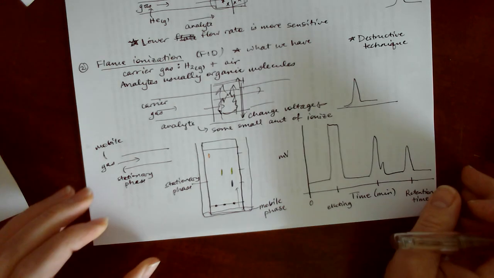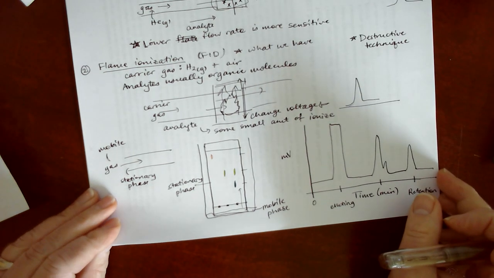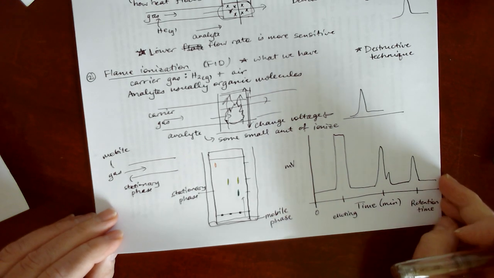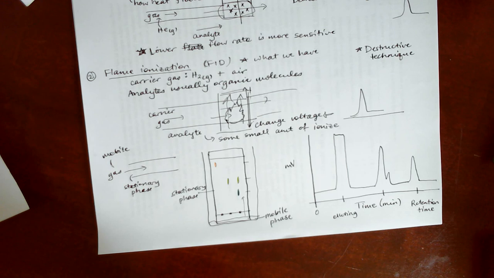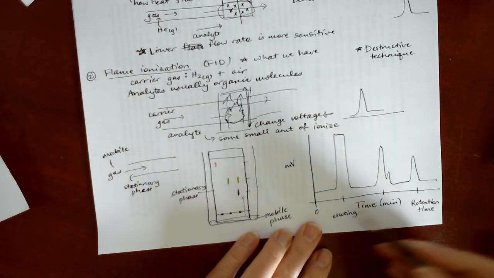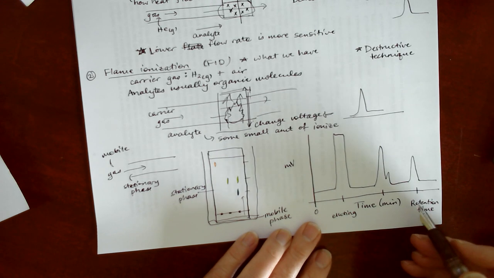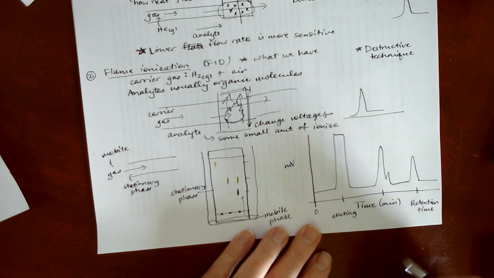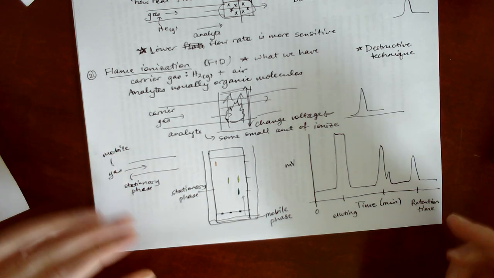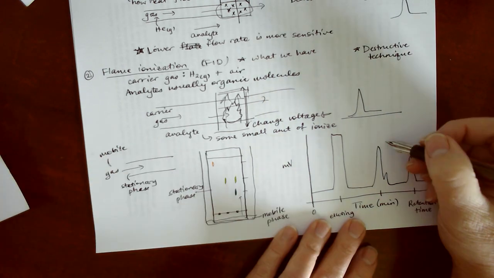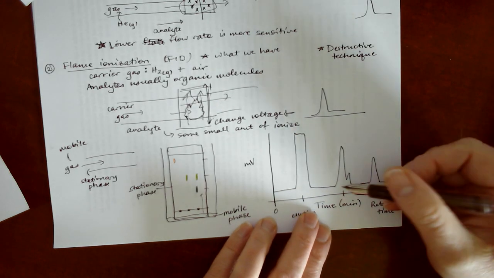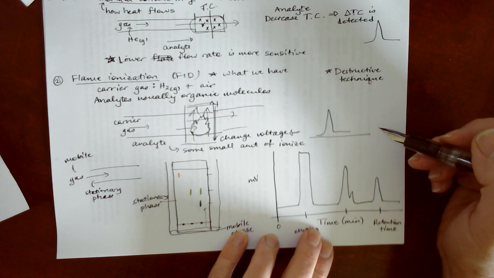All right, so that's a little bit of the basics on the detectors, and now I want to spend a couple more minutes talking about how to analyze your samples. When you look at this kind of curve here, where we've got our samples coming out at various different retention times, one of the things about the peaks is that different analytes are going to respond in the detector in different ways.